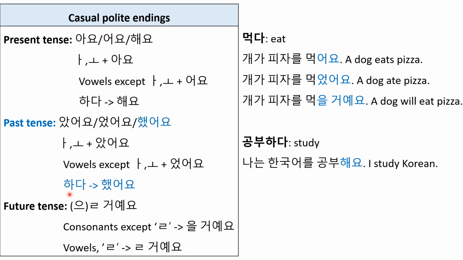If a verb ends with 하다, the verb ending is changed into 했어요. Because 공부하다 ends with 하다, it should be changed into 공부했어요. Studied. 나는 한국어를 공부했어요. I studied Korean.